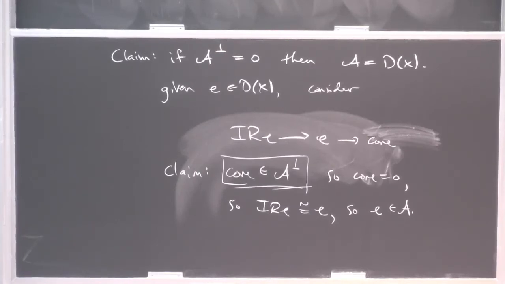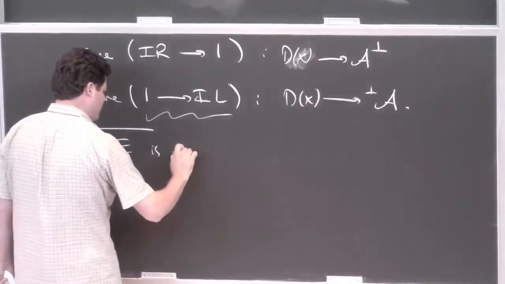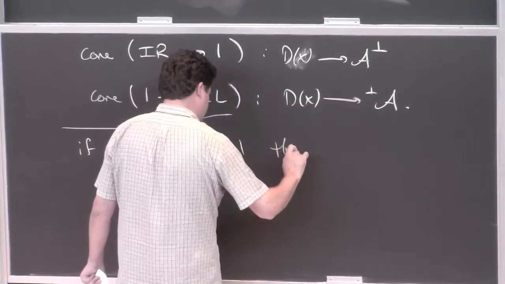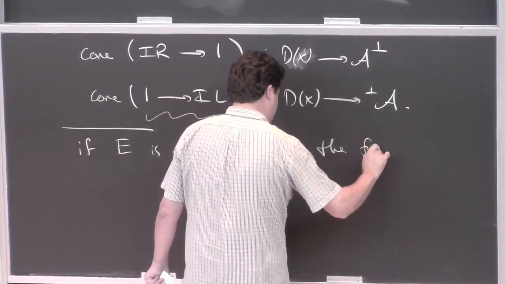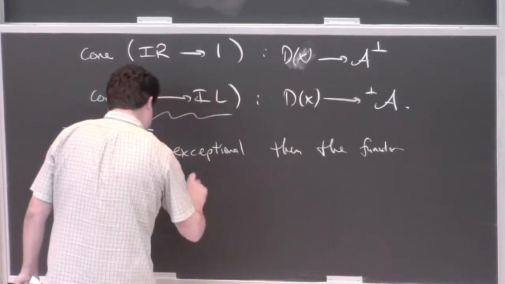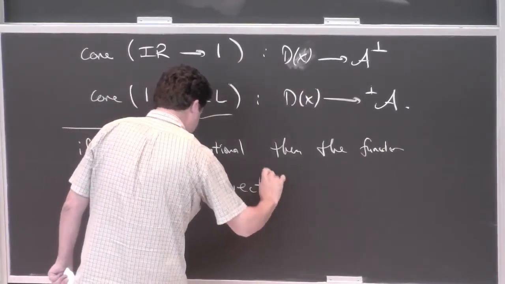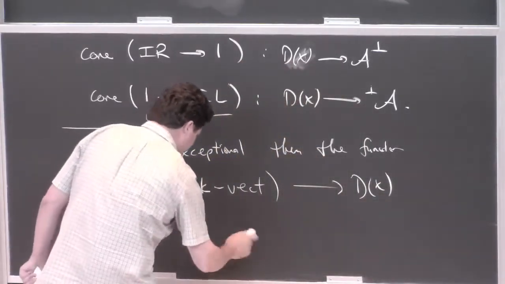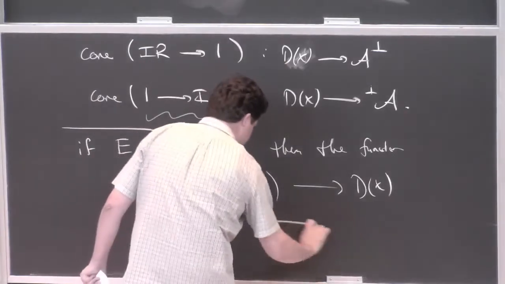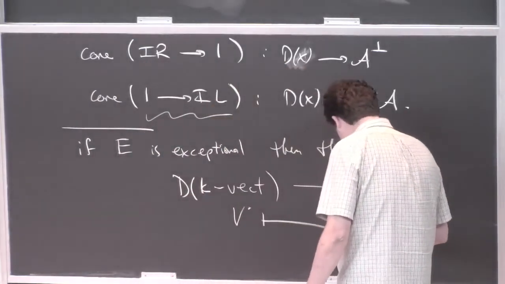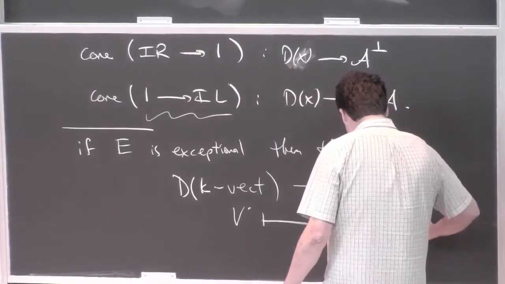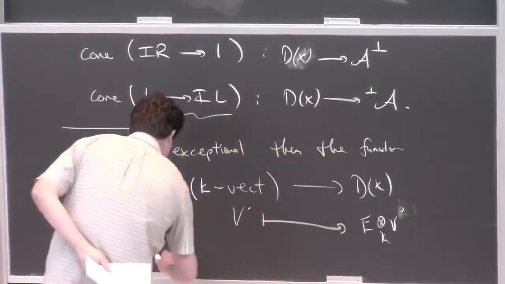So notice if E is exceptional, then the functor from the derived category of K vector spaces, we're over a field today, to the derived category of X, which just sends V dot to E tensor V dot, this functor is fully faithful.